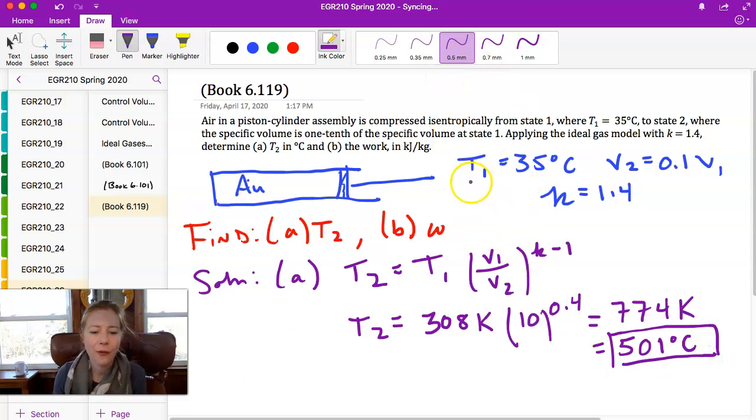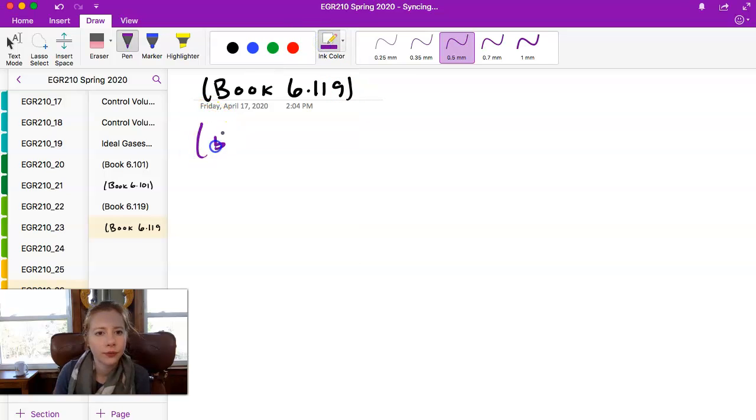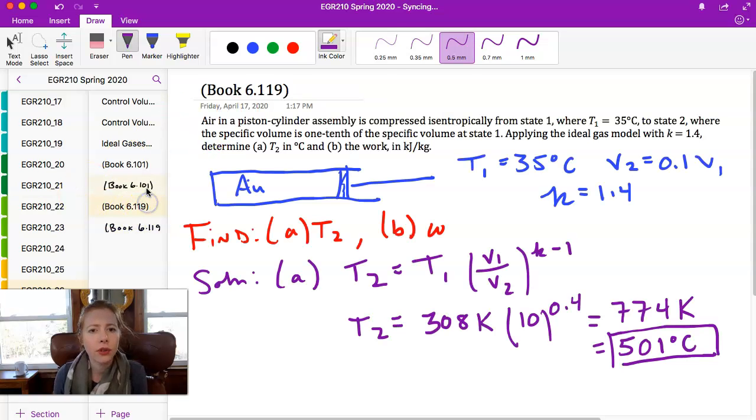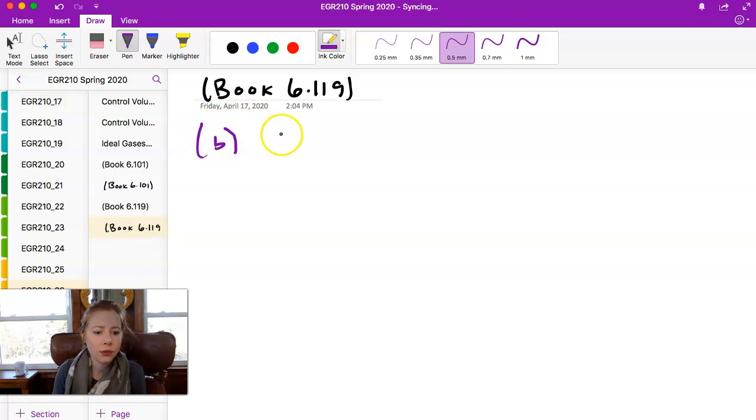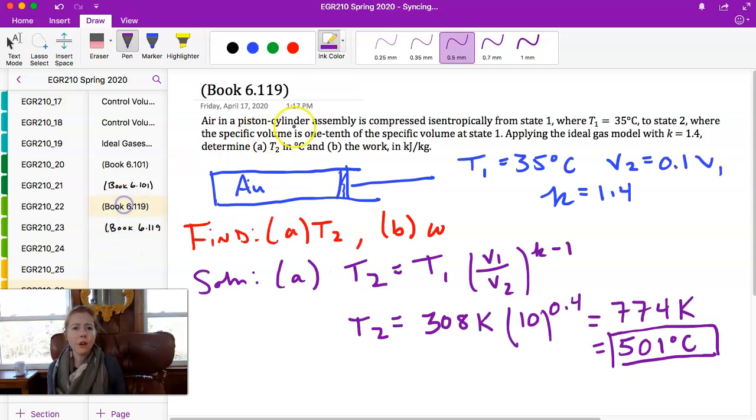All right, now for part B, I'm just going to open up a fresh sheet. For part B, we're looking for work. We're not given a mass here, and we're looking for work on a mass basis anyway. So we're dealing with our little q, if we're doing an energy balance, minus w is equal to, and now this is not a control volume problem.